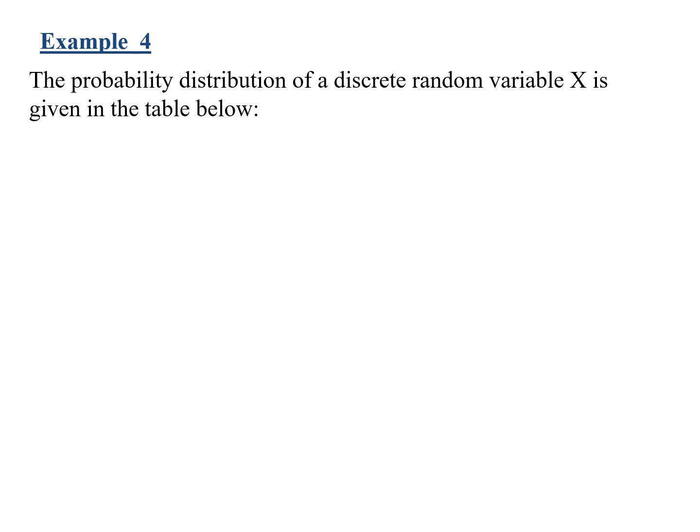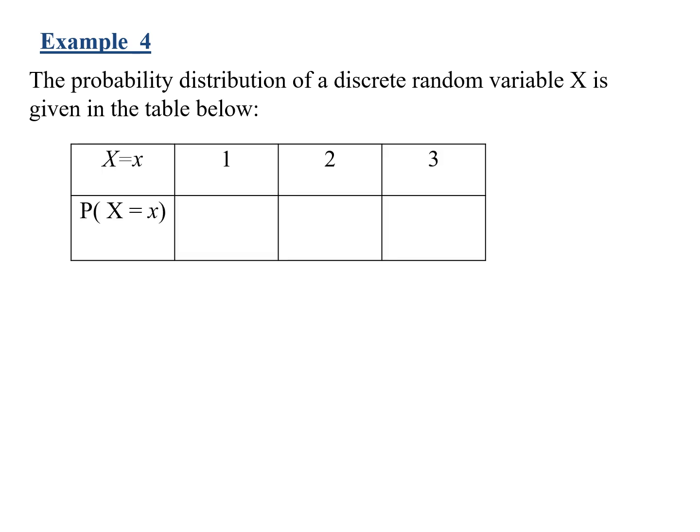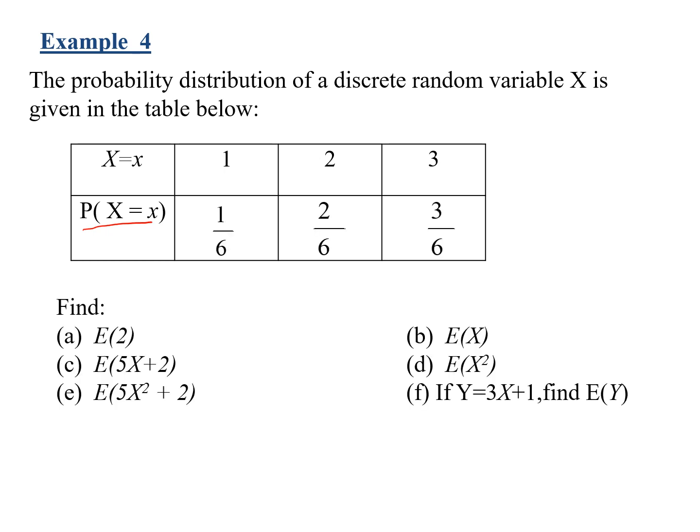Okay, now let us look at example 4. The probability distribution of a discrete random variable x is given in the table below. Still the probability distribution function. The question asks us to find E(x), E(2), E(5x plus 2), E(x squared), E(5x squared plus 2).